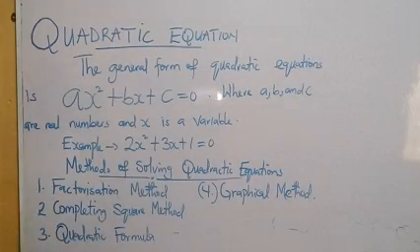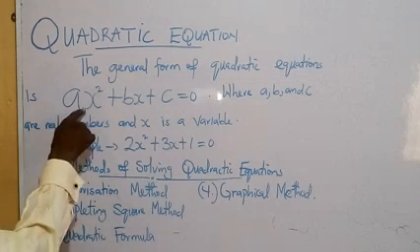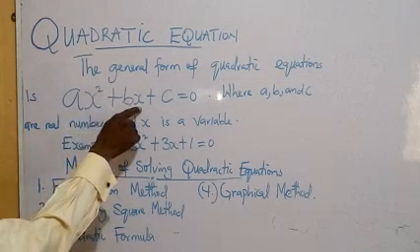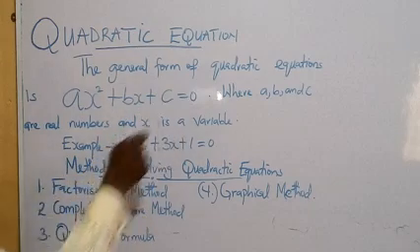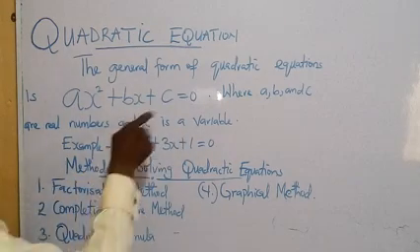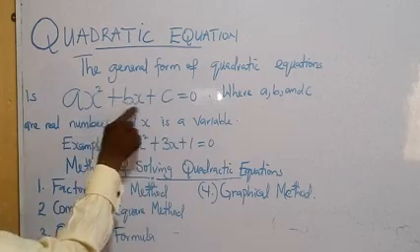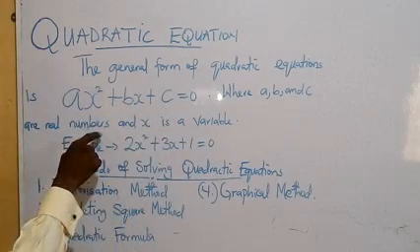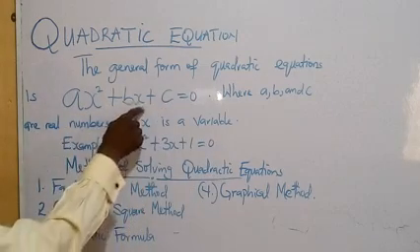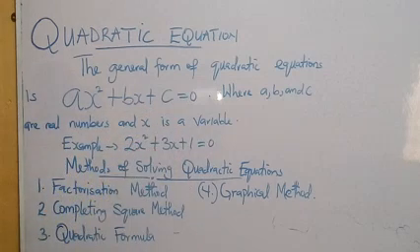Quadratic equation. The general form of a quadratic equation is ax squared plus bx plus c equals 0, where a, b, and c are real numbers and x is a variable.